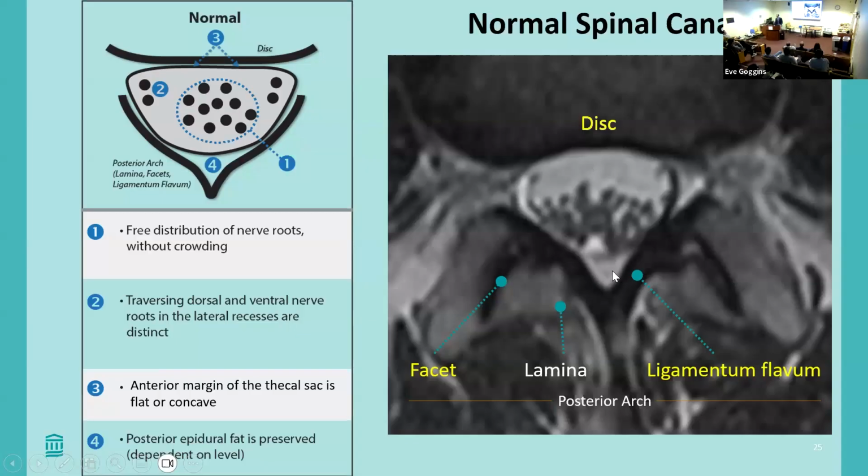And then the posterior epidural fat: this is a T2 weighted image, so fat and CSF are difficult to distinguish, but on the T1, the epidural fat will be bright and the CSF will be dark. That's preserved. At L5-S1, you might not have that, of course, but otherwise you should be able to see that clearly.